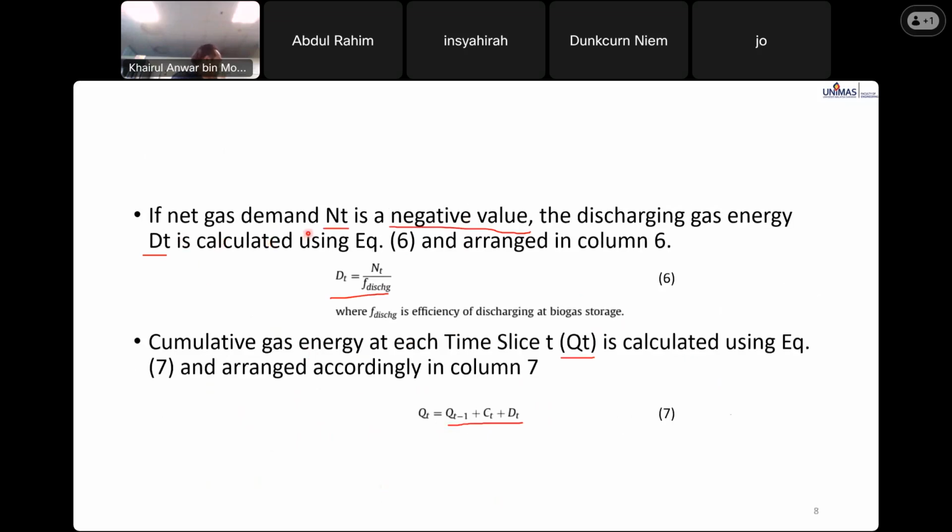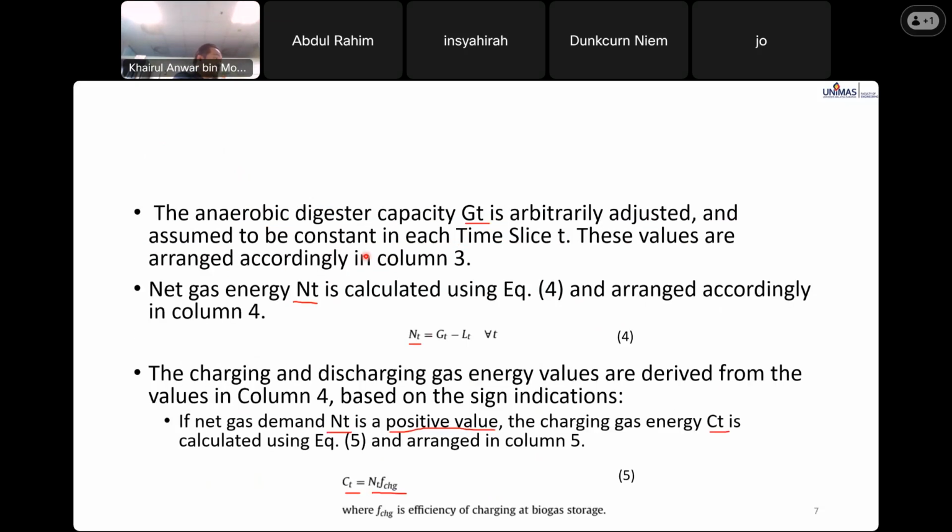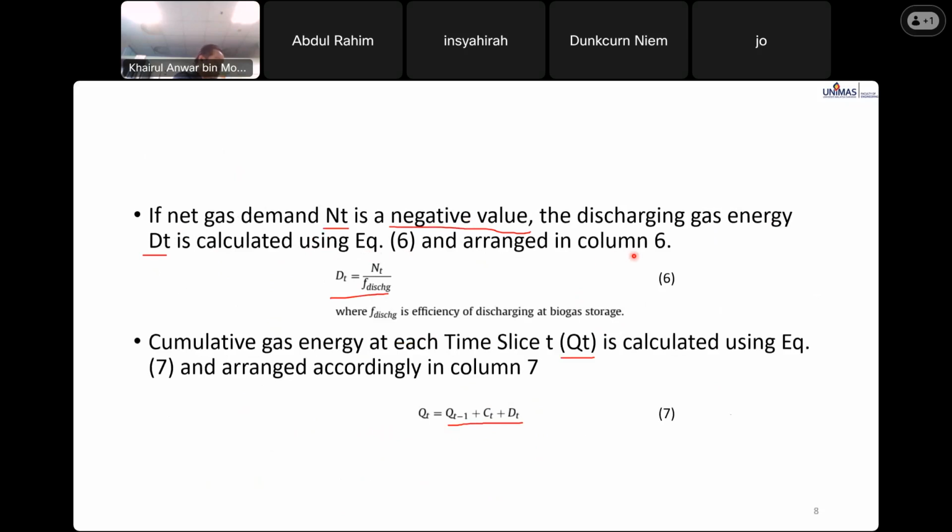If the net gas demand NT is a negative value, the discharging gas energy DT is calculated using equation 6 and arranged in column 6.